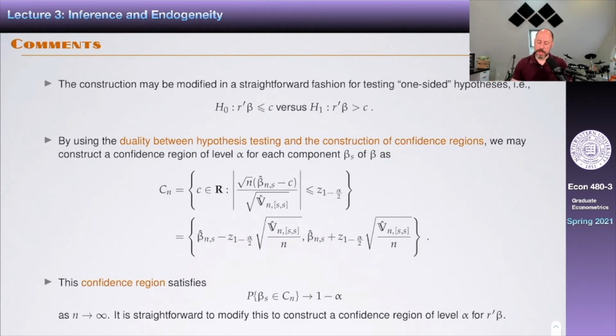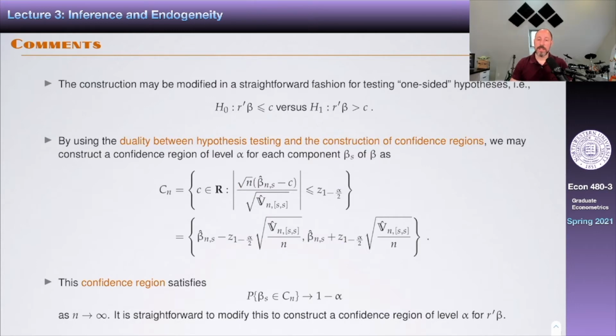In particular, suppose that we want to construct a confidence region of level 1 minus alpha for each component, say beta_s of beta. Then what is a confidence region? A confidence region can be described as all the values of c such that your test does not reject the hypothesis that beta equals that value. So it just says collect all the values of c that are not rejected by your test.